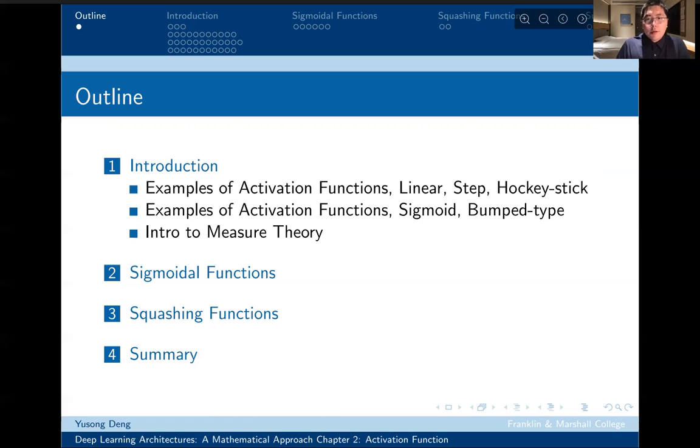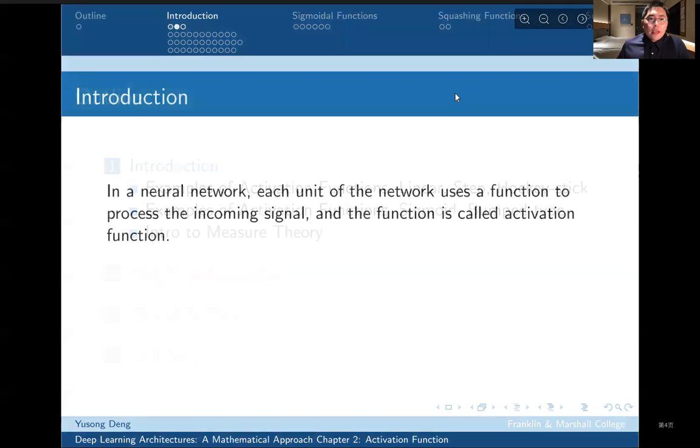In the introduction, we will introduce many members of the family of activation functions, from linear, step, hockey stick, to sigmoid and bump-type functions, and we are even going to briefly introduce measure theory from analysis, and talk about something more with the sigmoidal function and the more general squashing function. So let's begin. First of all, the introduction.